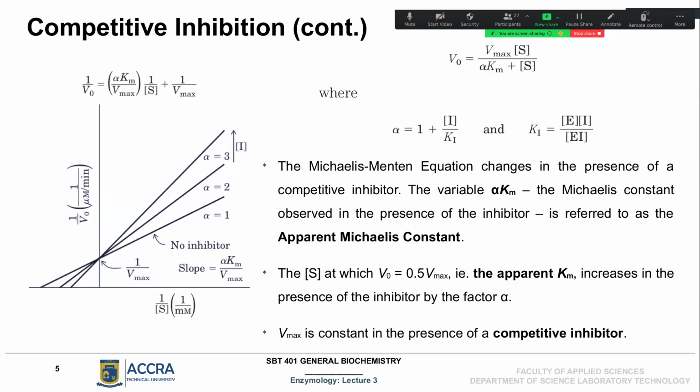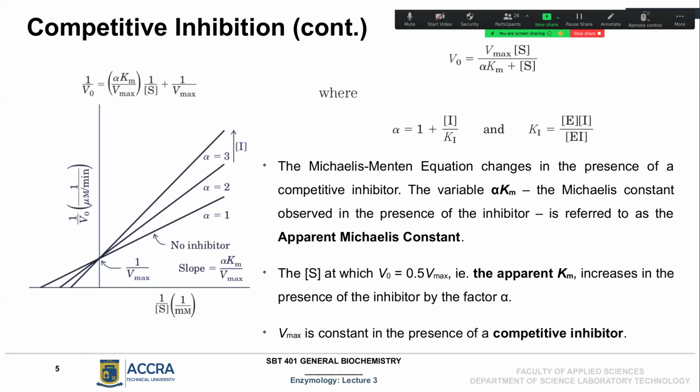Now, with competitive inhibition, you see that even though you have the maximum rate of reaction being constant, what happens is you have to increase the concentration of the substrate in order to attain that maximum rate of reaction, which also means you have to increase the concentration of the substrate to reach half of the maximum rate of reaction.